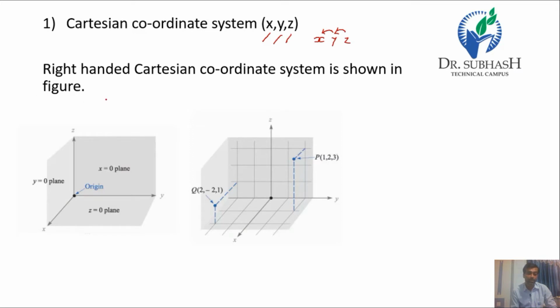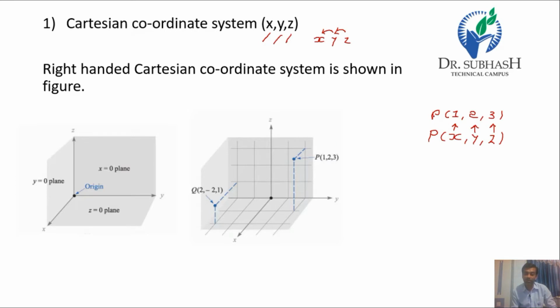Okay, suppose we have one point P which is (1, 2, 3), or in general form we can say that point P can be represented in a Cartesian coordinate system as P(x, y, z). Then x represents 1, y represents 2 and z represents 3.